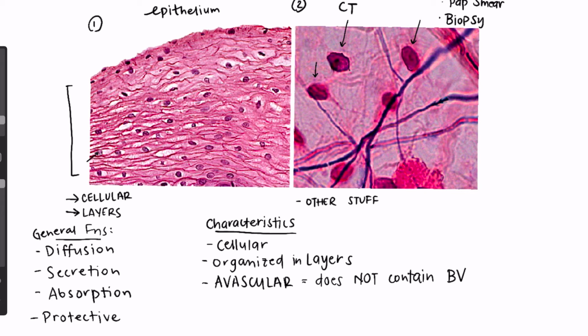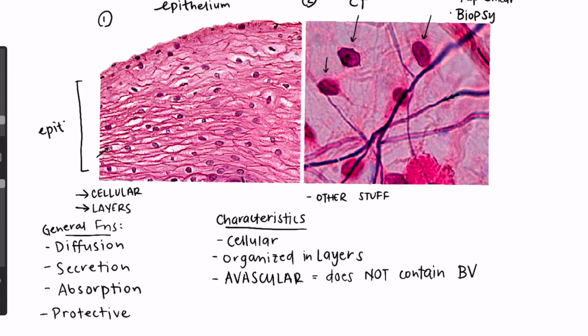This should be surprising to you though, because our tissue requires oxygen to be able to do their chemical processes and do cellular respiration. And so what we find is that whenever we see epithelium, we will always see some connective tissue close by.